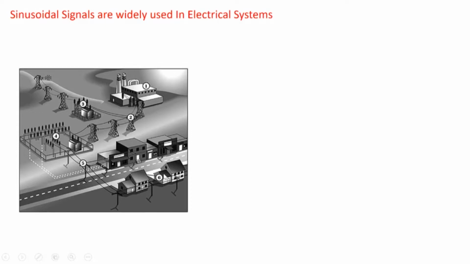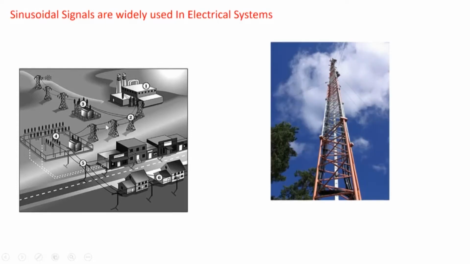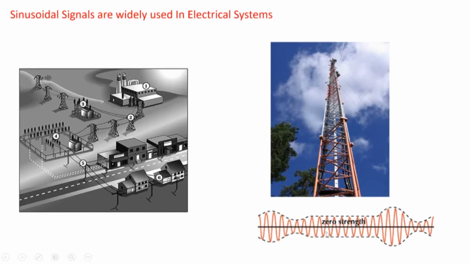sinusoidal in nature, right? And if we look at communication, for example, when we see antennas mounted on towers like this, and we look at the signals that are transmitted by these antennas and the signals that are received in our mobiles or in our television and radios, those signals are also sinusoidal signals modulated by, let's say, a voice or a picture signal, but the backbone of that particular signal is a sinusoidal signal.